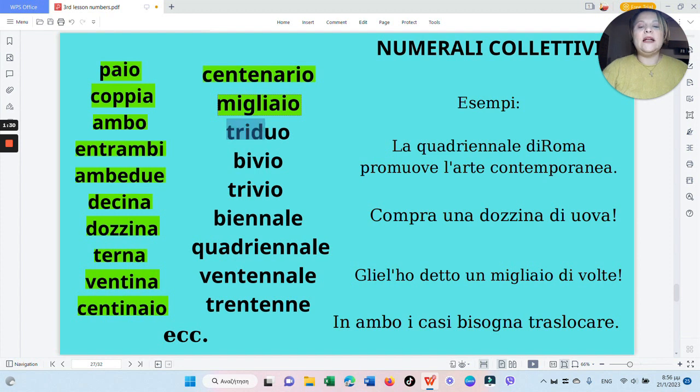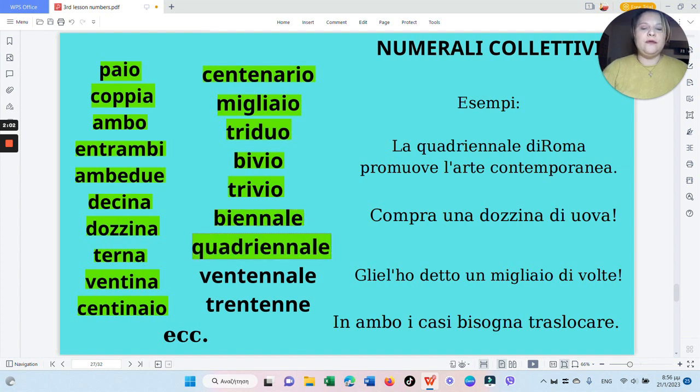Now, triduo is triduum. Bivio is a crossroad with two exits, and trivio is a crossroad with 3 exits. Biennale. This means that it has 2 years of duration.